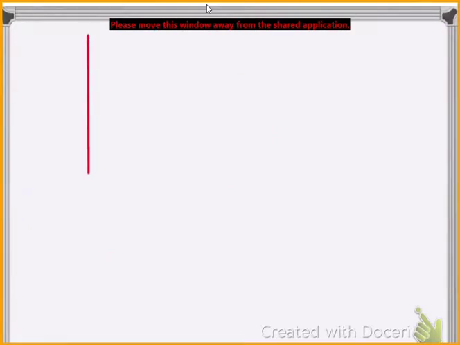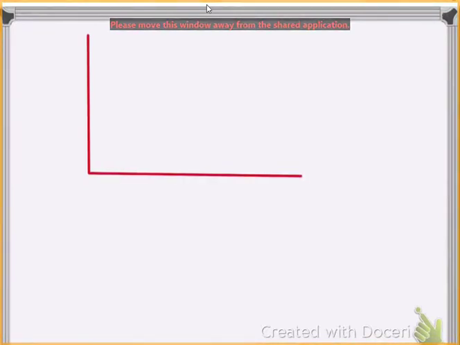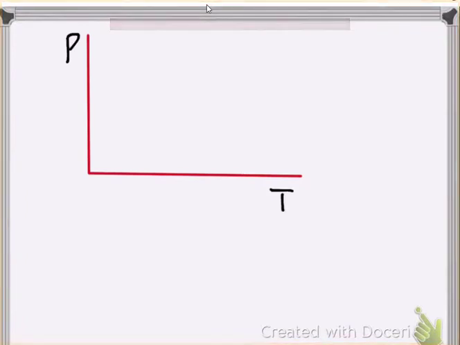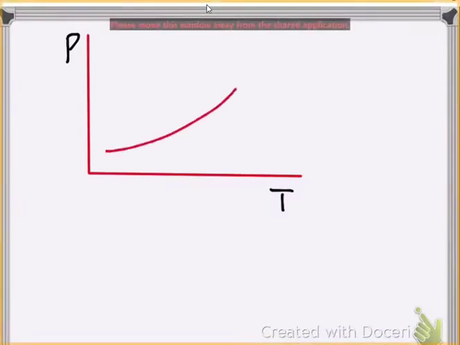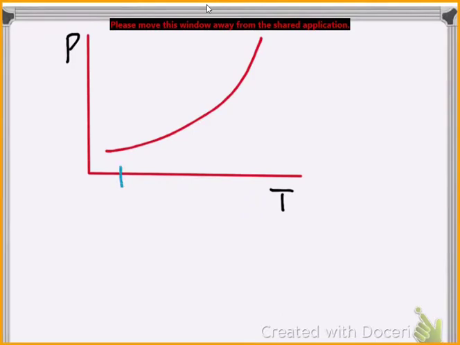Okay, here's another graph. Vertical axis again is position, the horizontal axis is time. Okay, and perhaps the graph looks like this. So once again, we want equal time intervals.